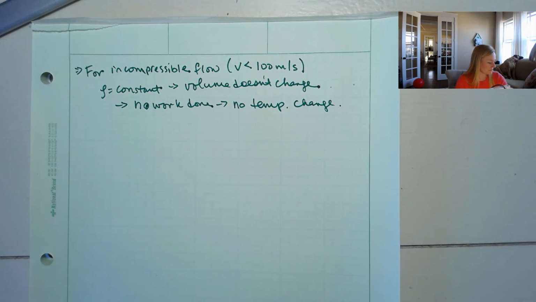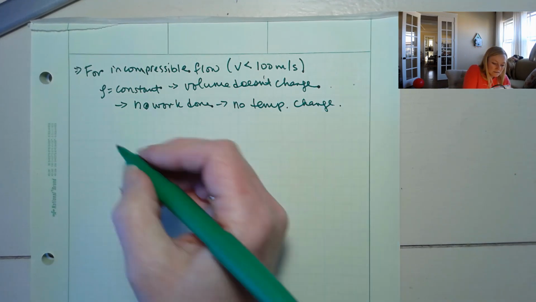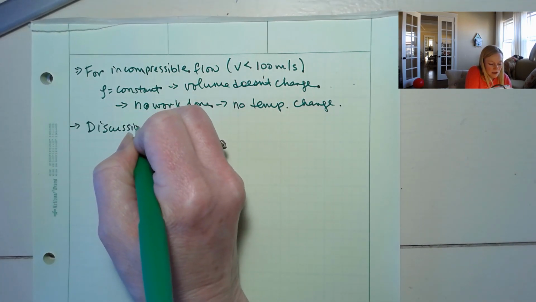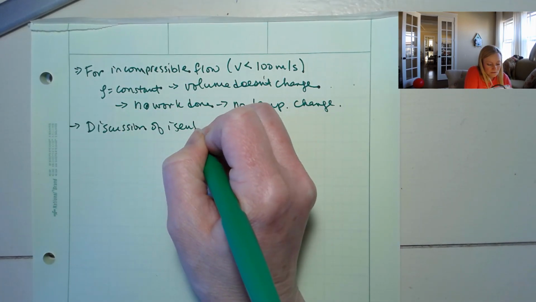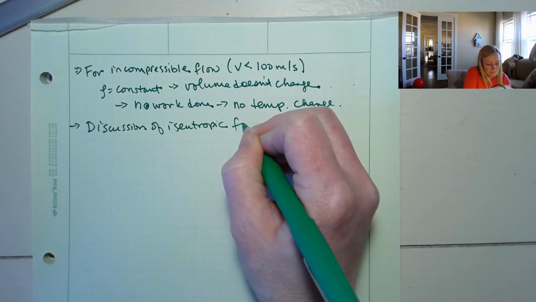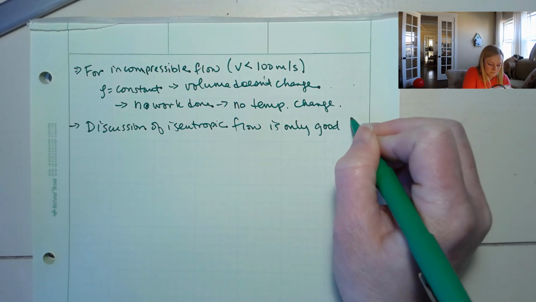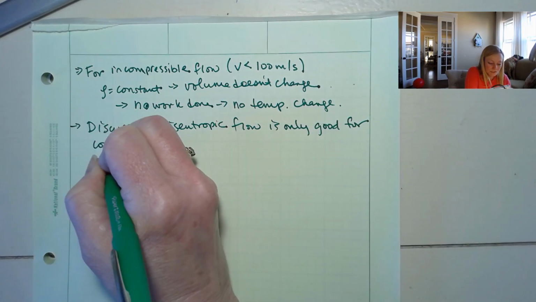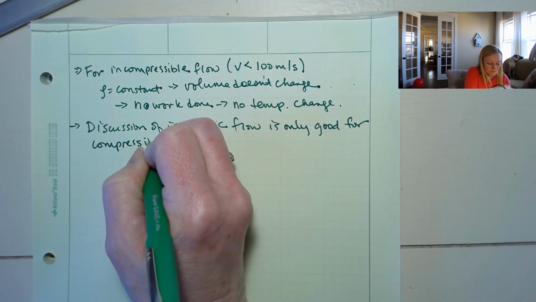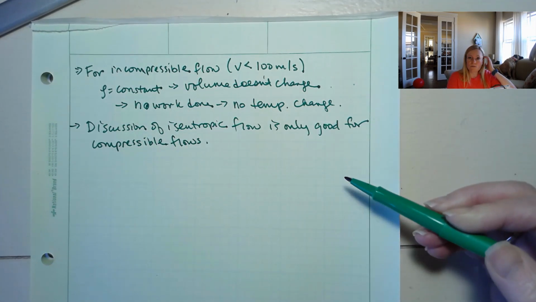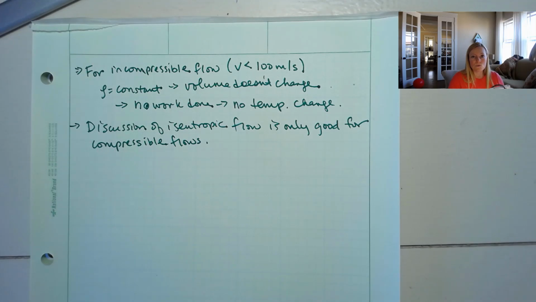All right. So that means our discussion of isentropic flow is only good for compressible flows. The equations that we're going to derive in just a second, you wouldn't want to use these equations for incompressible flow.